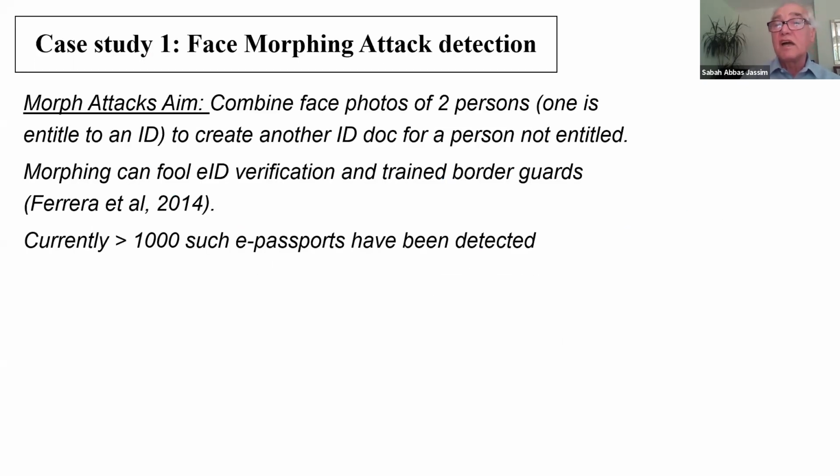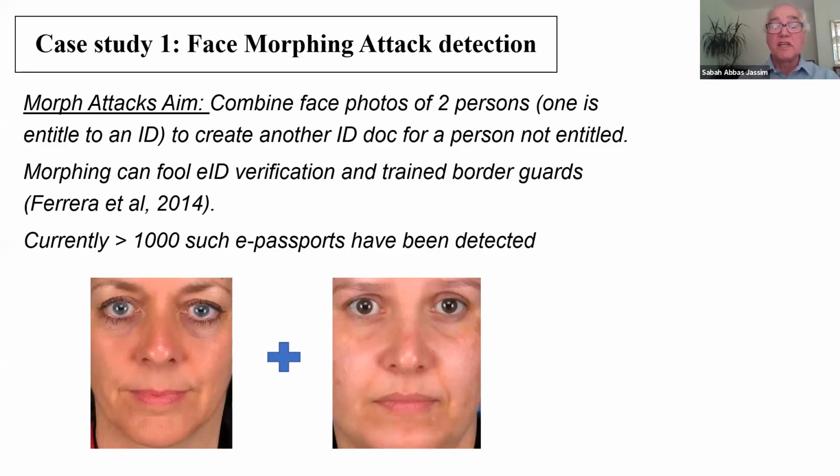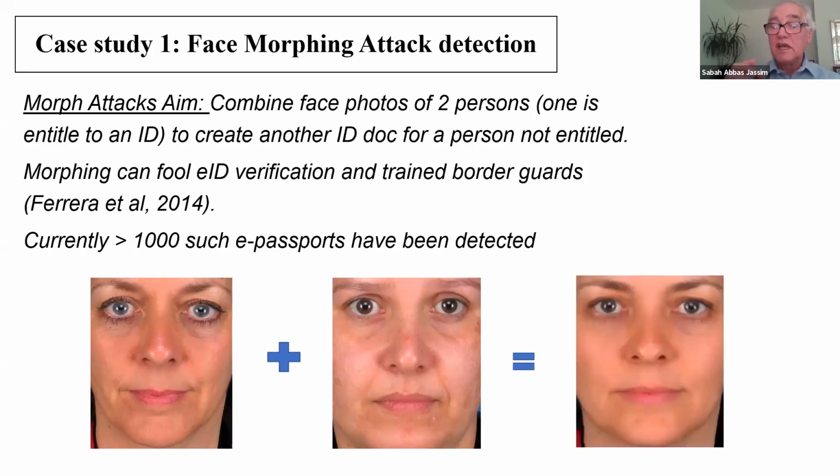It's the morphing. I think Aras is going to talk about this later on, maybe in more detail, but simply you are taking two images, both genuine actually, but one of them maybe for a person who is entitled to have a passport, the other is not entitled, and then they morph them in such a way you can get another image, and that image can actually be used to create a passport for the second person, which could, if the morphing is done well, go past the machine verification as well as any trained border agency.